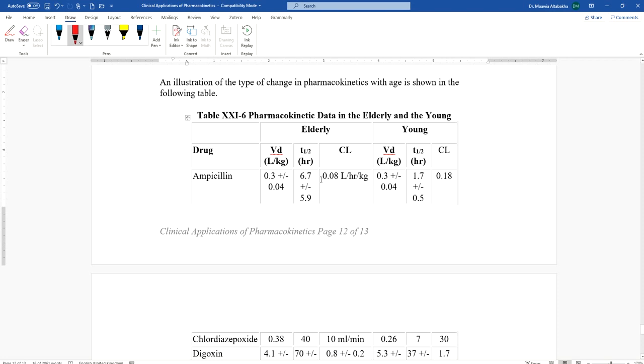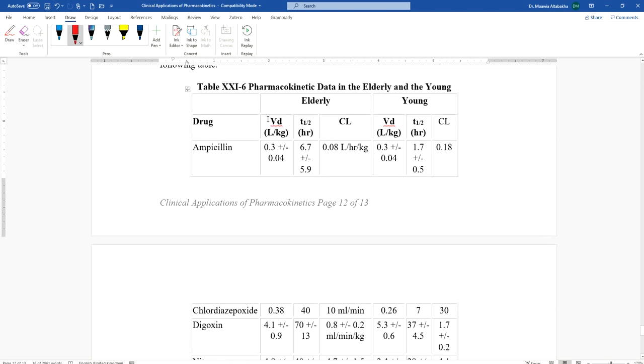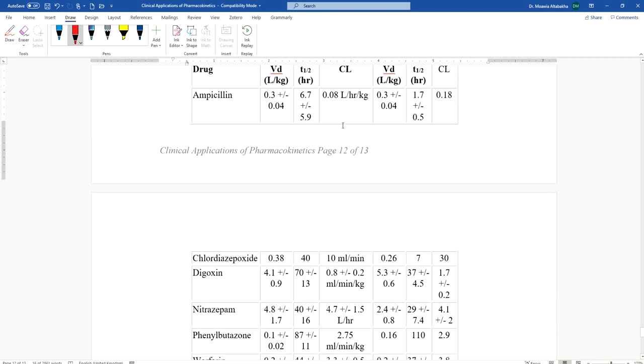Of course, in this table they summarize many of the things we talked about. What happens to the apparent volume of distribution. When we talk about apparent volume of distribution we have to consider the proportion of fat and the proportion of water. We have to consider the binding and the clearance. For the clearance we need to consider metabolism and renal clearance.